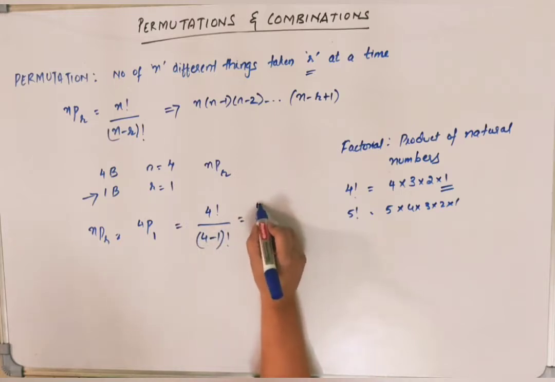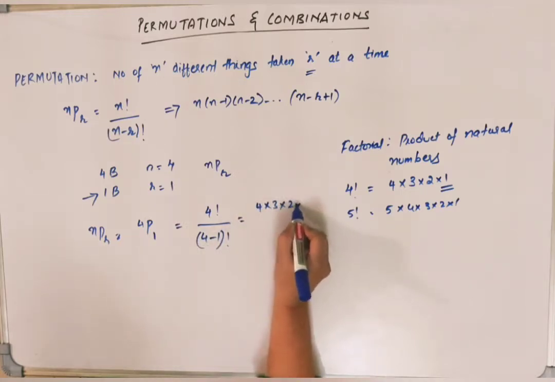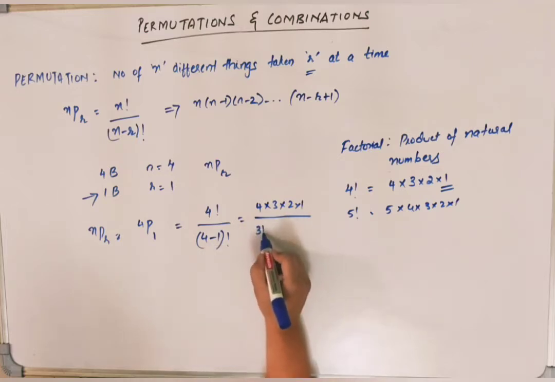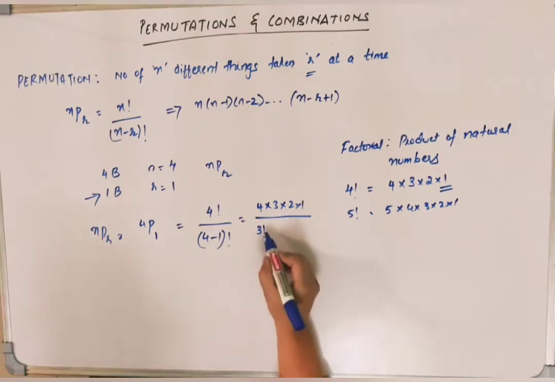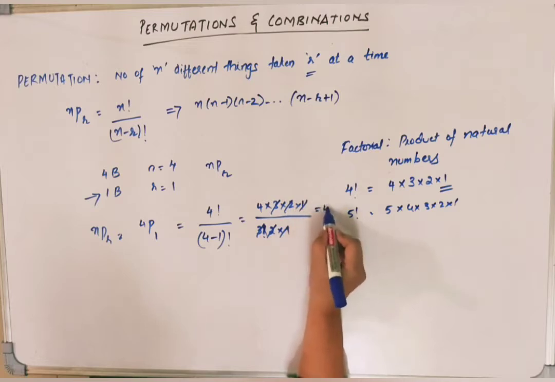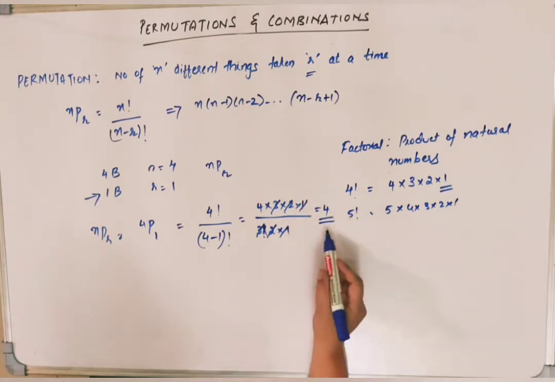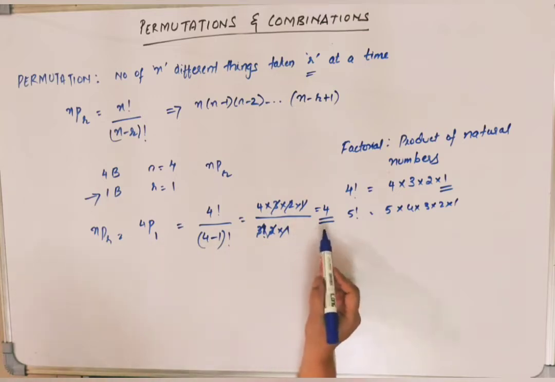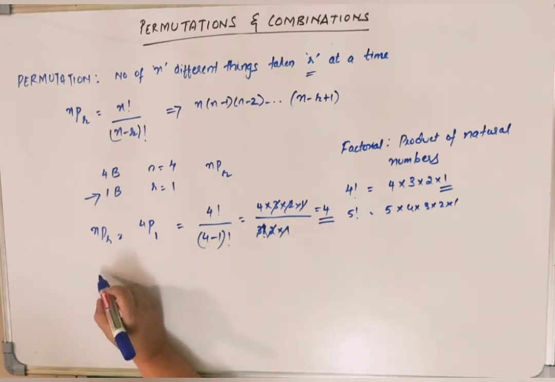What do we get? 4 into 3 into 2 into 1, over 4 minus 1 is 3 factorial, and 3 factorial is 3 into 2 into 1. So this will get cancelled. We'll get 4 as an answer. So what is the number of ways? It's 4. We have 4 ways of choosing one bowler from a set of 4 bowlers.